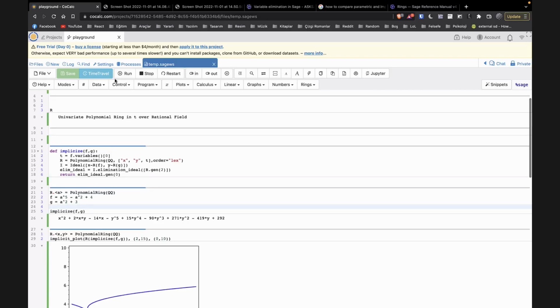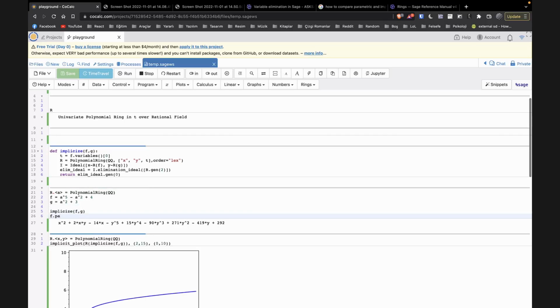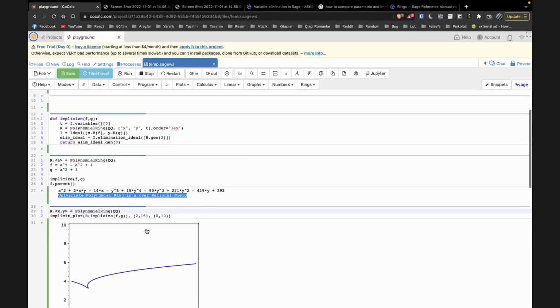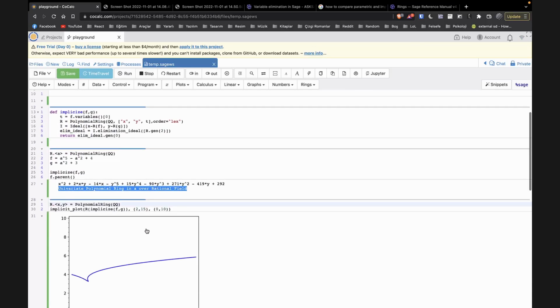So every object in Sage belongs to a parent, right? So Ismail, can you write f dot parent? So this tells you that it belongs to this polynomial ring. And every polynomial ring has generators, which are the variables, right?